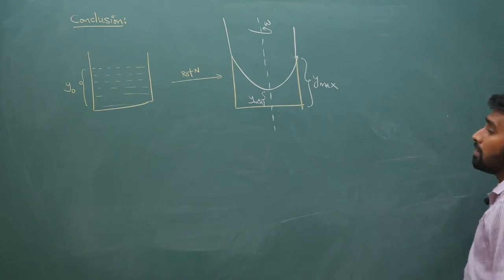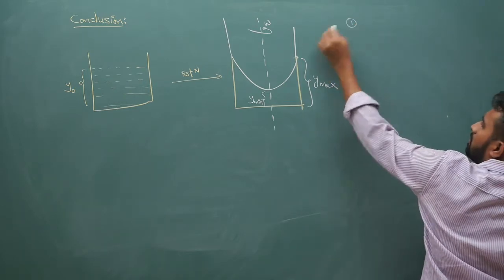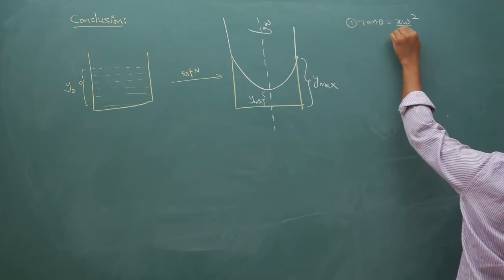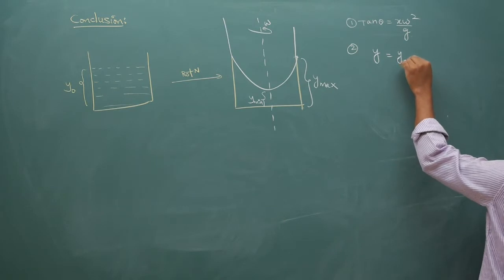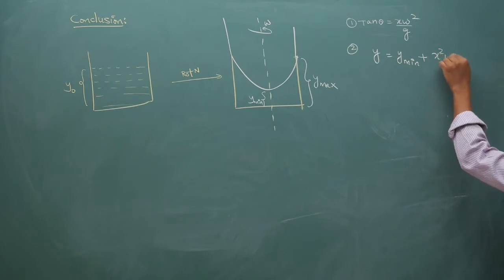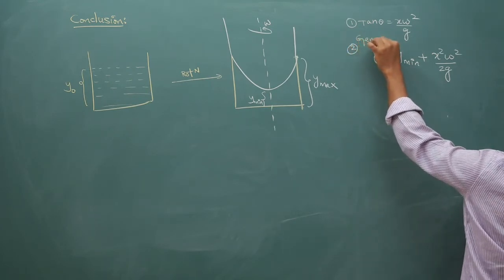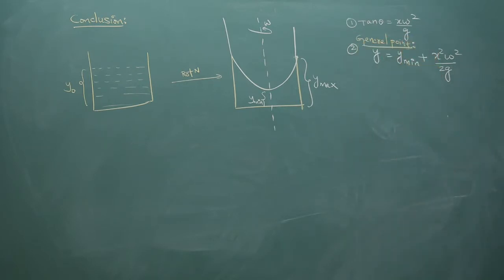Now the relations that I have derived: first, tan theta is equal to x omega square by g. Then your equation is y equal to y min plus x square omega square by 2g, for a general point. y min occurs at x equal to 0.